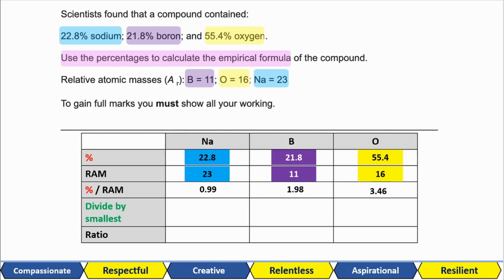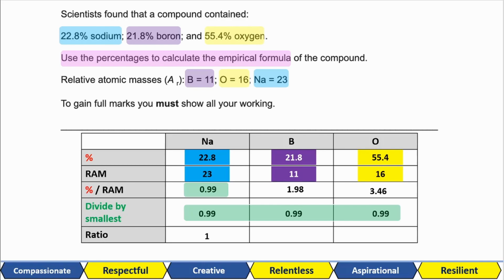The next stage is to divide by the smallest number. So we have to look at our answers and locate the smallest number, which is sodium 0.99. That means that we have to divide each one by 0.99. For sodium now, 0.99 divided by 0.99 gives us 1.